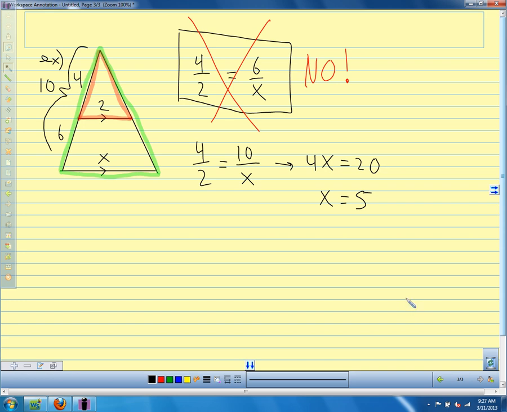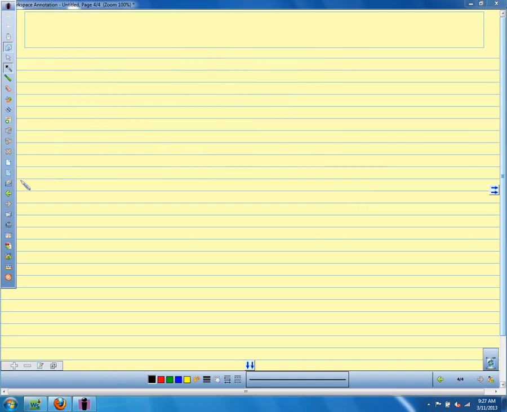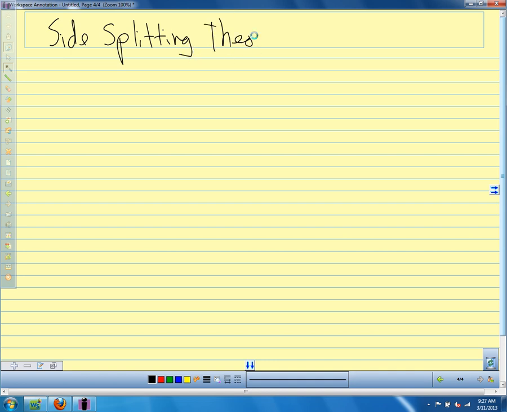Okay. Last thing we need to talk about today, pretty short notes today, is the side-splitting theorem corollary. Corollary just means a little extra thing that we can figure out. I'm just going to say extra. Just an extra little bit.